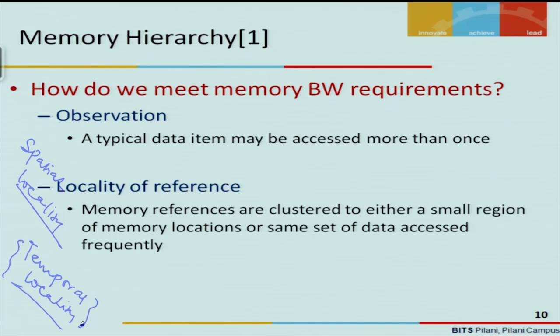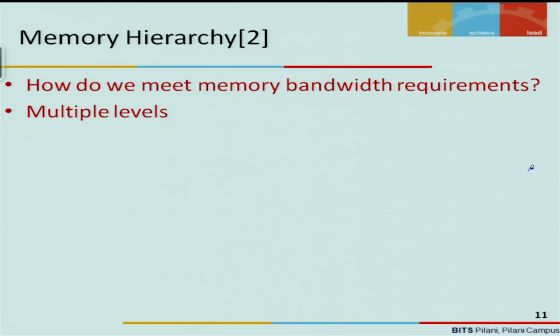That will meet the memory bandwidth requirement while keeping the cost of the entire memory reduced. If we keep the entire data in the faster, costly memory, then definitely the overall cost will increase, and that will not be a feasible solution. So one of the observations from this locality of reference concept is that, to meet the processor bandwidth requirement, multiple levels can be introduced.